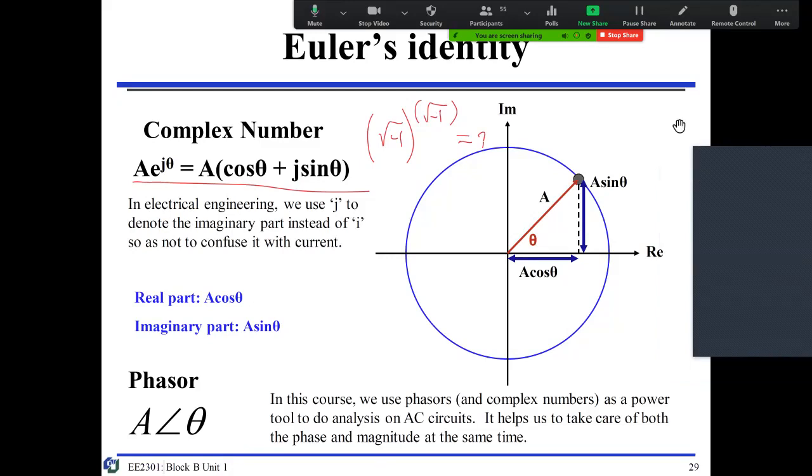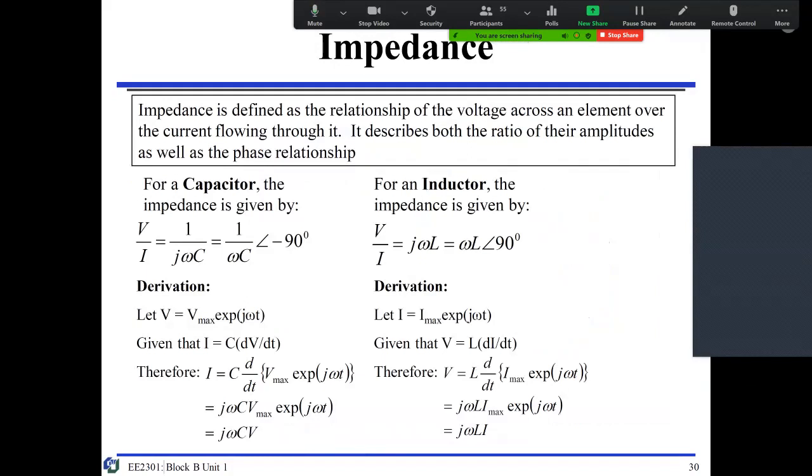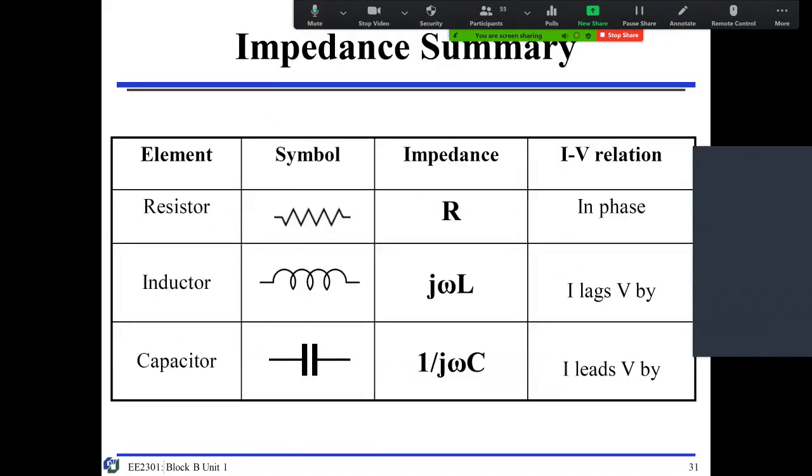So I'm going to speed through the circuit theory. But I think this part is probably impedance, talking about capacitor, inductor. So that's why we have 1 over j omega C and j omega L, because you do a differentiation. So how to derive it? Why is this true? So this is a derivation, right? I don't want to insult you further. You have to read it yourself, okay?